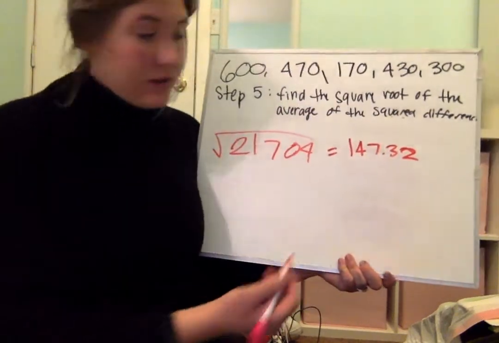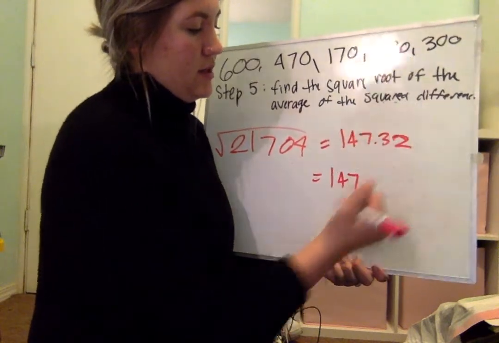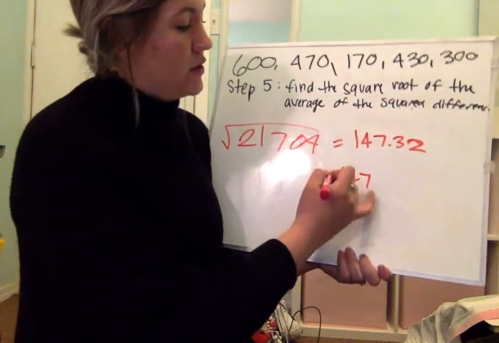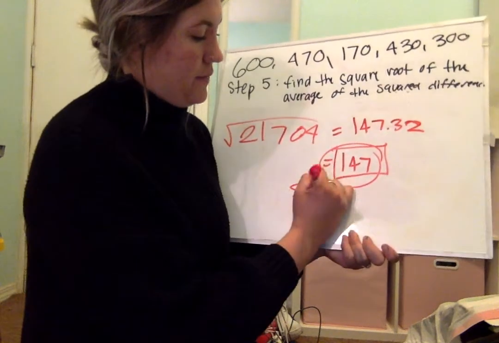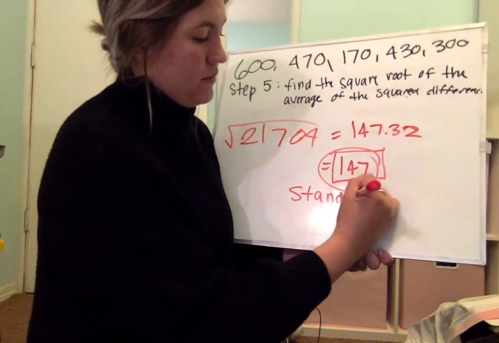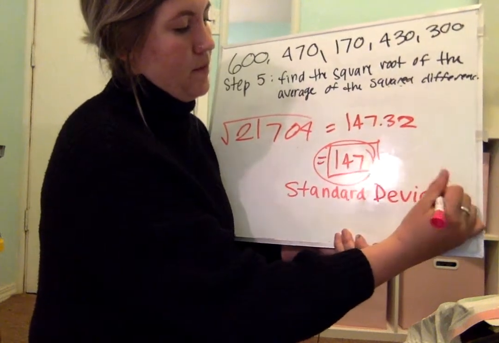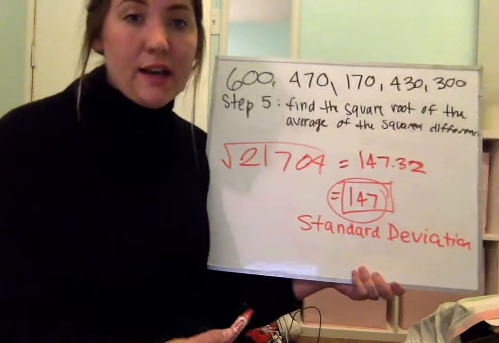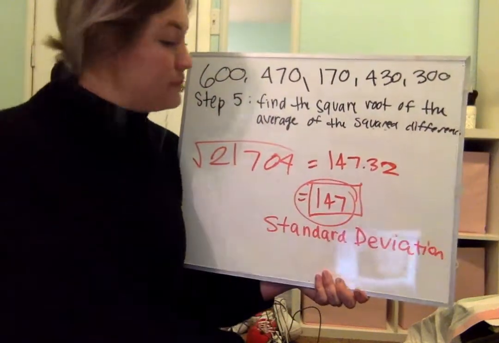We're going to round to the nearest whole number, so our new number is 147. So 147 is our standard deviation of the data set up here, which was the heights of our dogs.